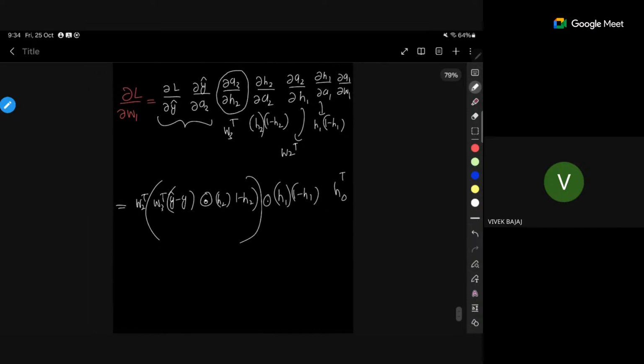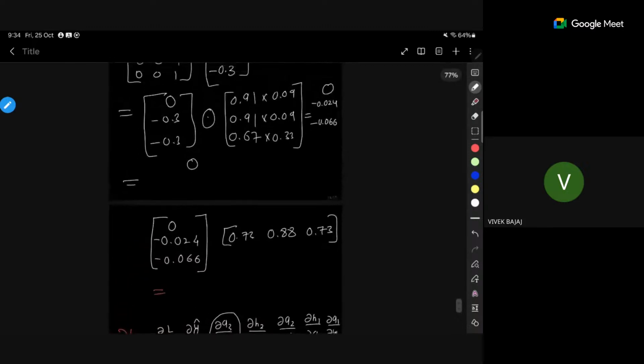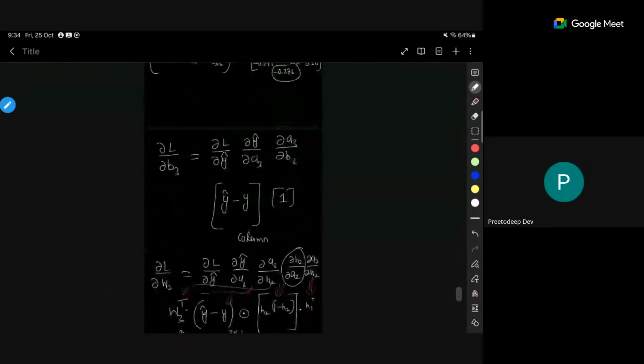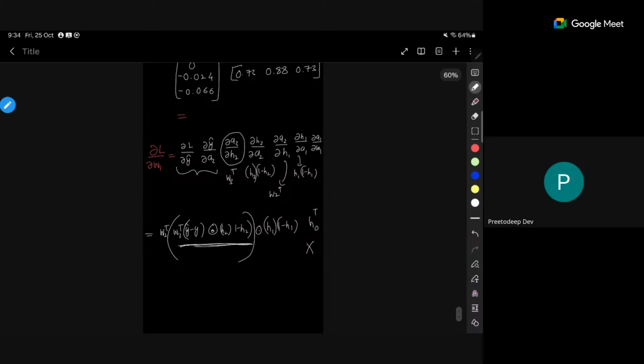You can take help from the previous part, where we did it until here. What is this H0 transpose? The input X, okay, input.